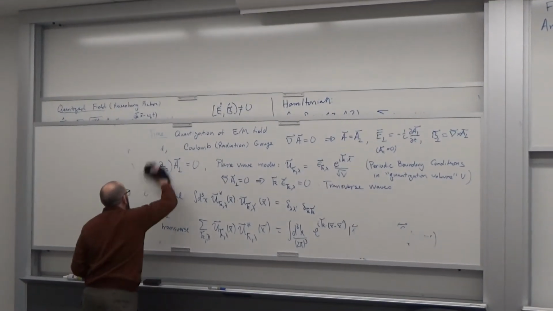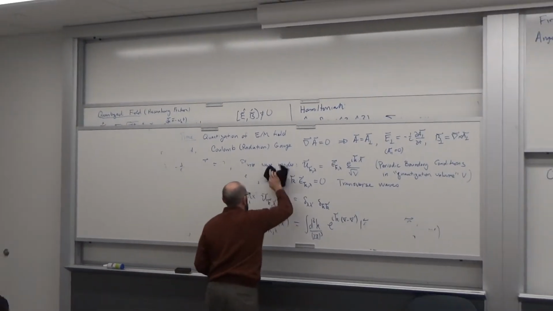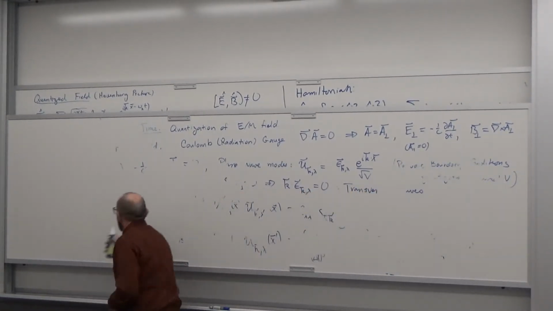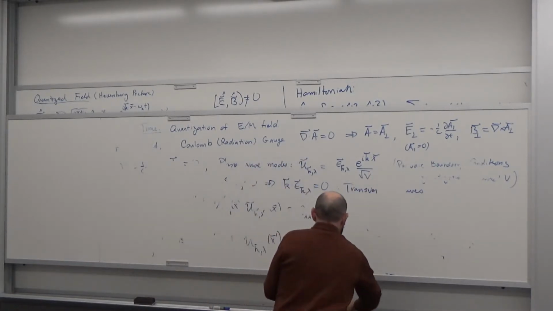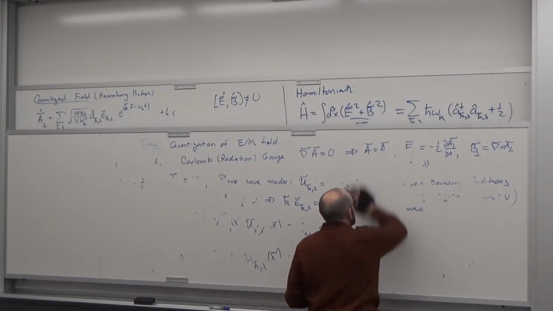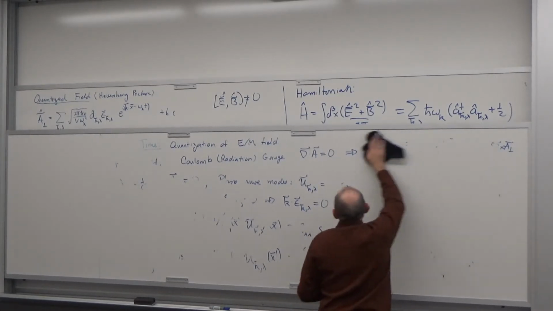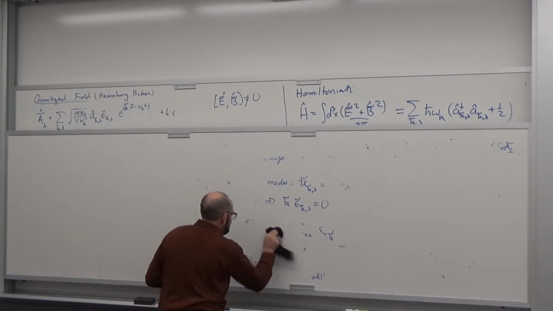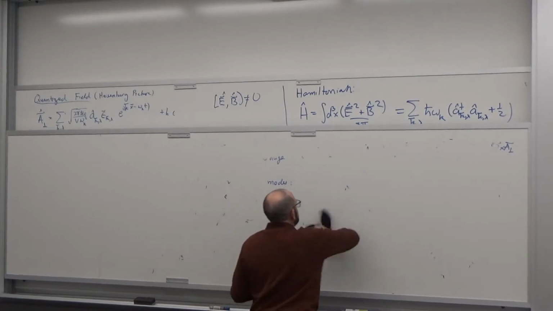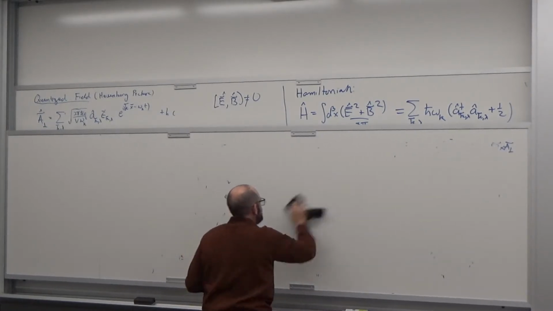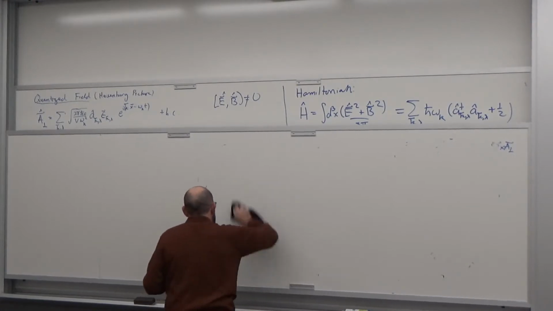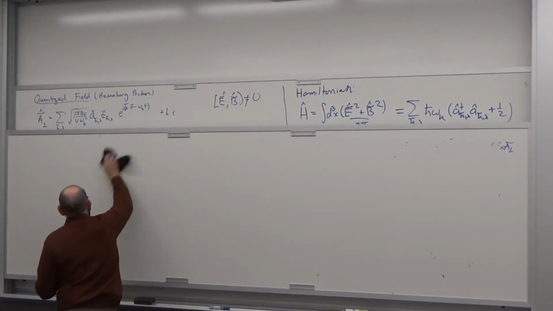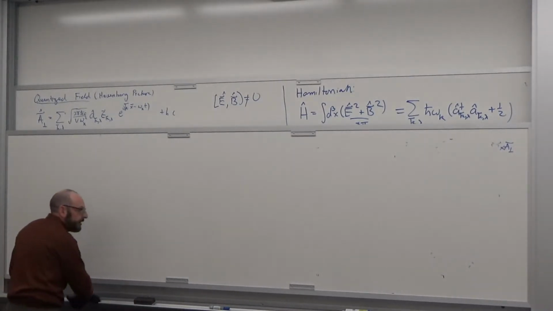All right, so now that we have the field, we can now look at the interaction of matter and fields. So, to do that, let's write down a Hamiltonian.